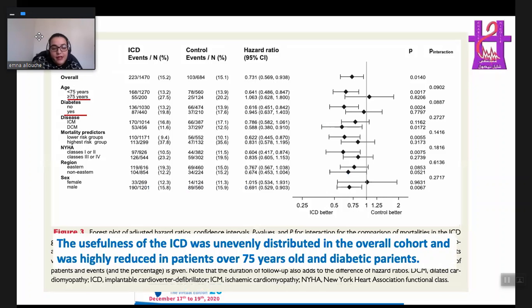The usefulness of the ICD was unevenly distributed in the overall cohort and was highly reduced in patients over 75 years old and diabetic patients.